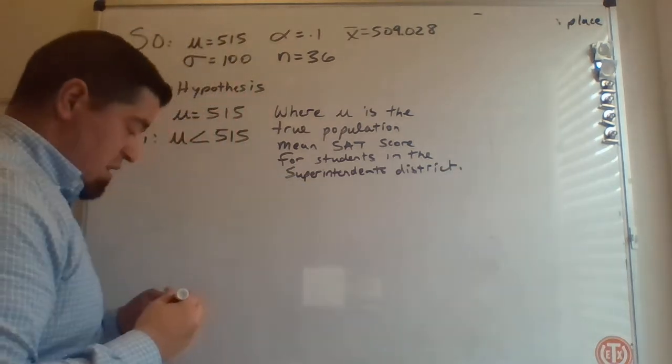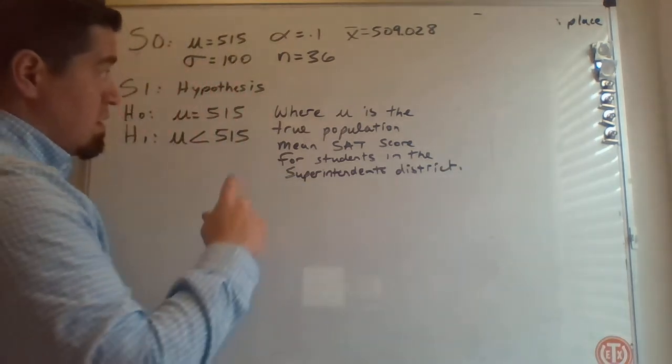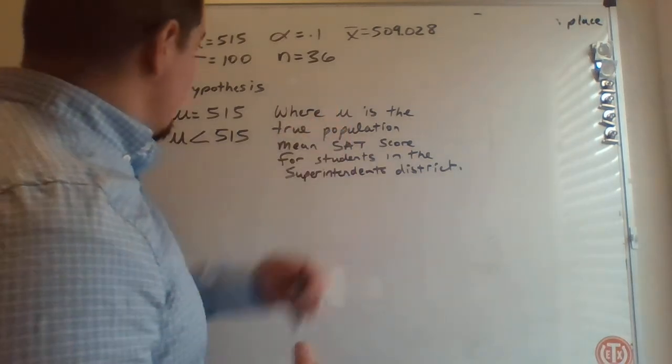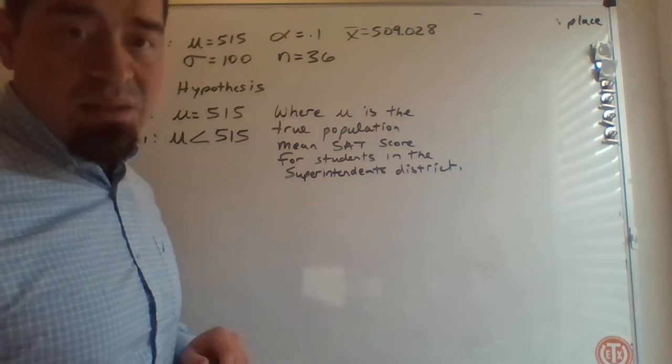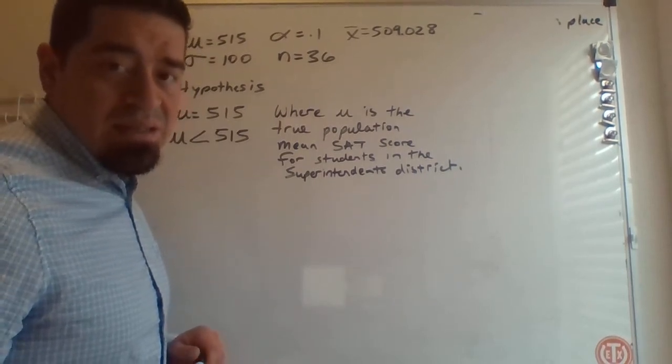Okay, and that would be your definition of what mu is. So every time we refer to mu now, this is what it means. That's important. So that's the end of the hypothesis step.